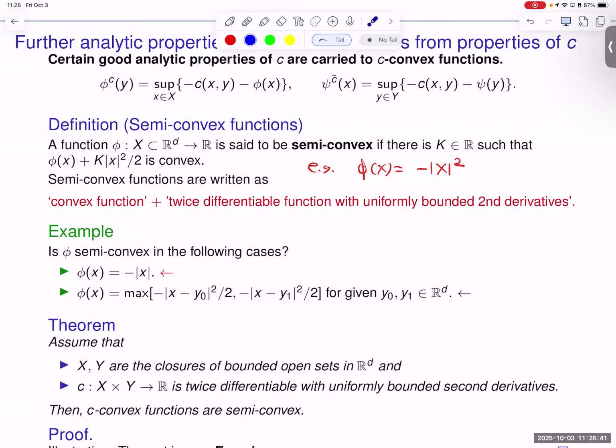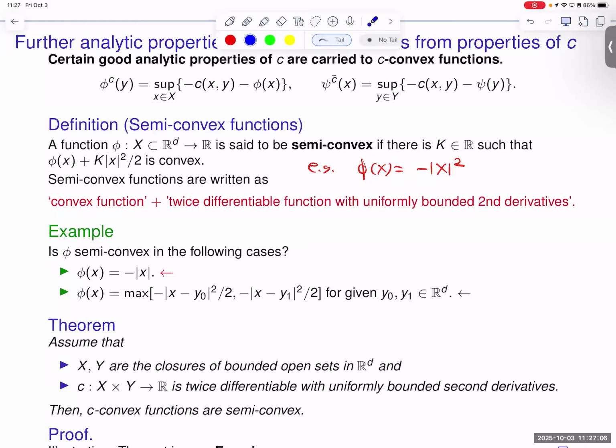But it is semi-convex. Why? Because you can just add x squared to it with k equal 1, then the resulting function is 0, which is convex. So semi-convex functions are some kind of extension of convex functions, allowing you to add some parabola function like that.